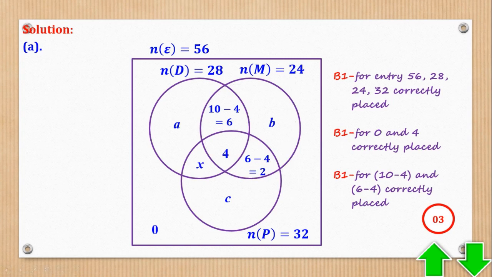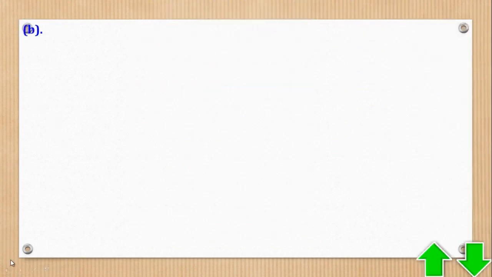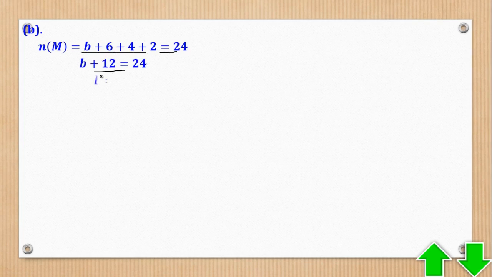Let's do that. So this gives me 24. I'll have only B as the only unknown, so make it the subject. And that will be the answer. So those who belong to math only are 12.